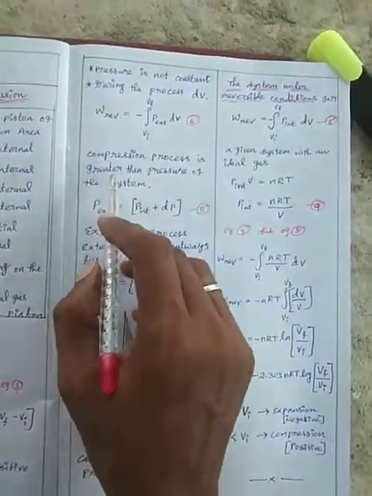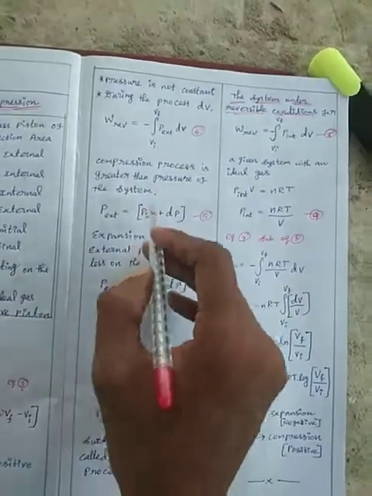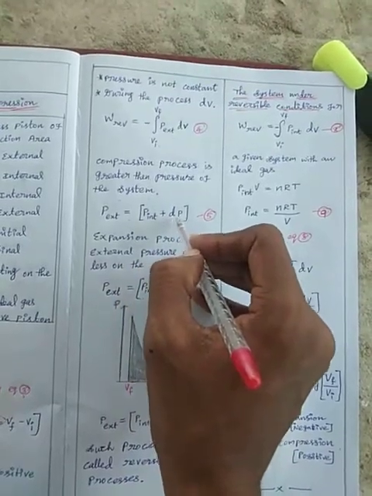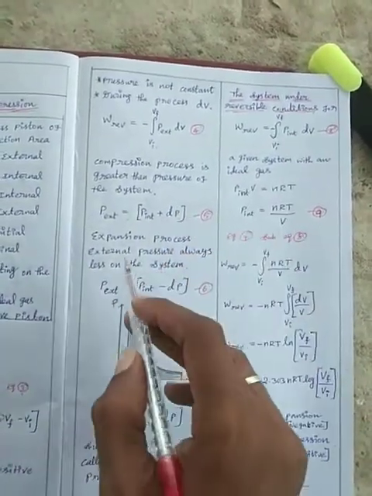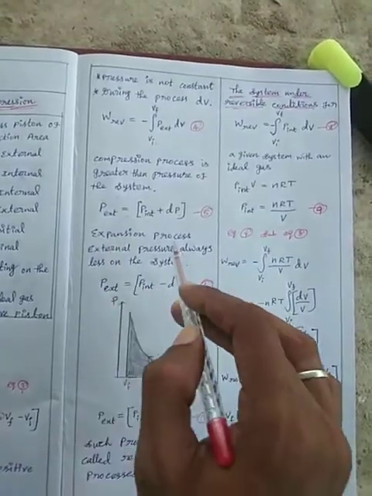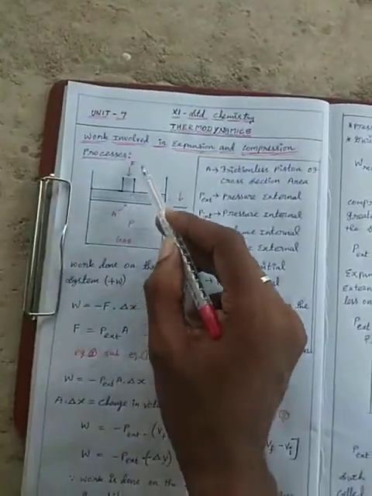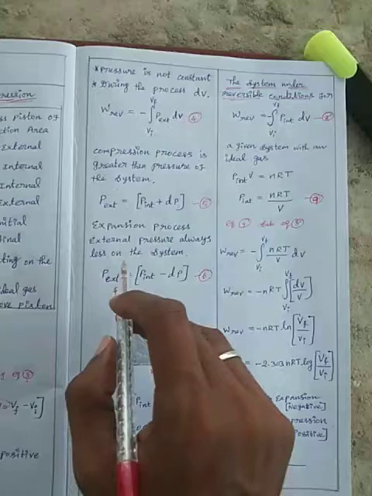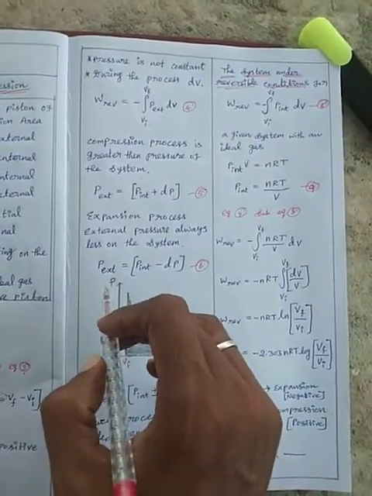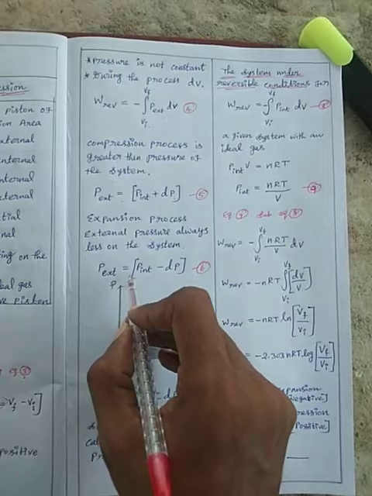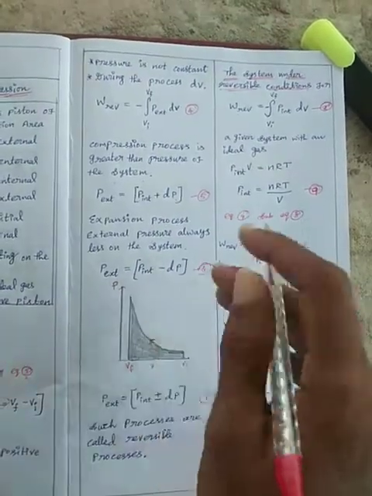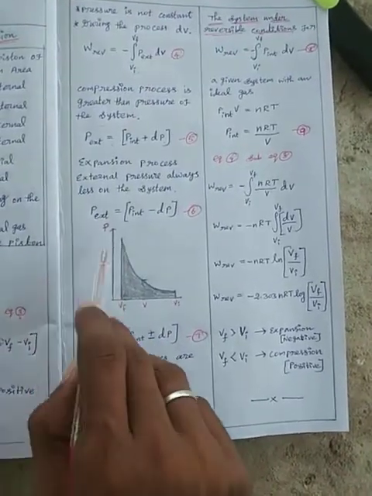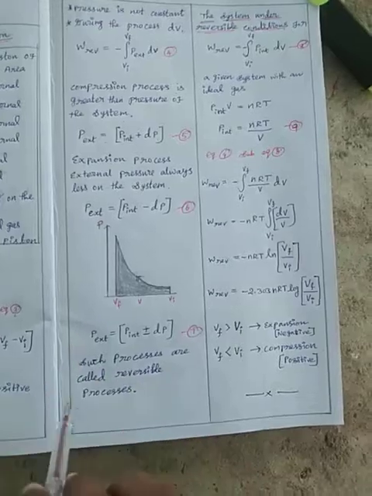In the compression process, the pressure on the system is greater, so P external equals P internal plus dP. In the expansion process, where the piston moves outward, the external pressure is always less than that of the system, with the gas molecules loosely inside, so P external equals P internal minus dP. The graph is plotted from the initial state to the final state, pressure versus volume.